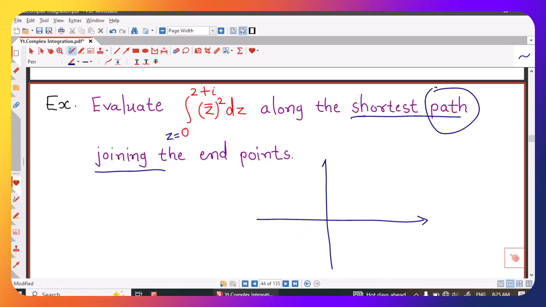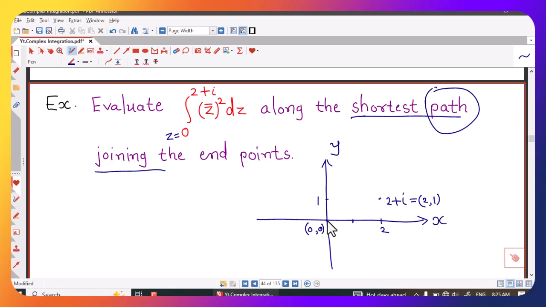Suppose this is the real axis, this is the imaginary axis, this point is z equal to 0, that is the origin. Suppose this much distance is 1, then here we have 2, and this much distance on the y axis is 1, so this point is 2 plus i, or we can write it as (2, 1).